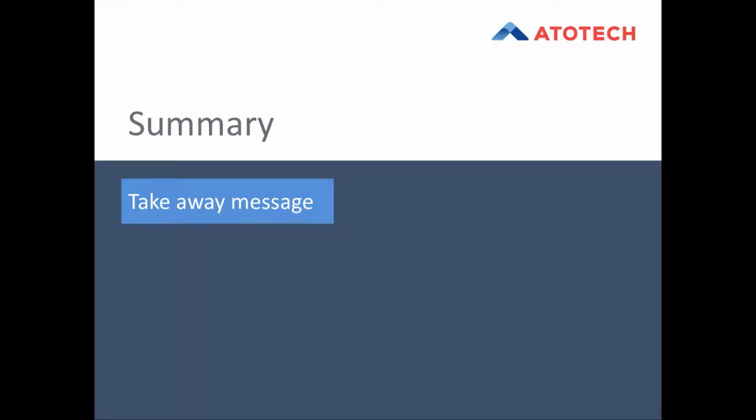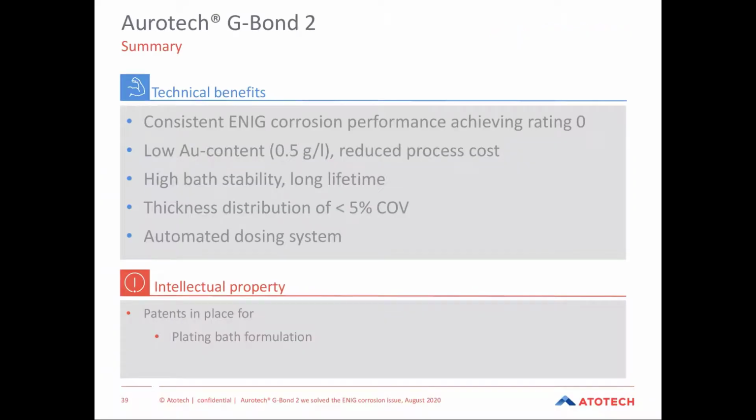So it brings me to the summary for this bath. The major benefits of this bath are for sure that we can achieve a consistent ENIG corrosion performance with a rating of 0, so no detectable corrosion. The bath operates with a gold content of 0.5 gram per liter, which helps you to reduce the process cost, because you can reduce the drag-out losses of the precious metal.